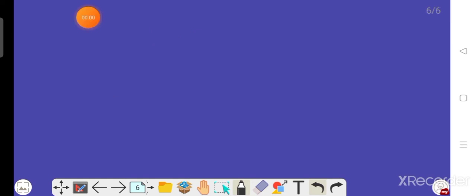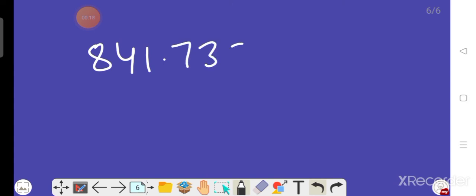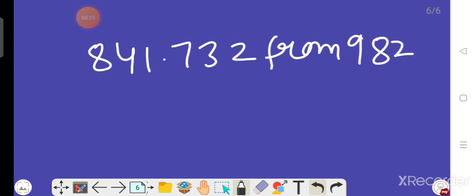Okay beta, now we will learn about the subtraction of decimal numbers. To subtract a given decimal number from another, what we have to do? We have to follow the same pattern as we have followed in the addition. For example beta, if you have to subtract 841.732 from 982.934.